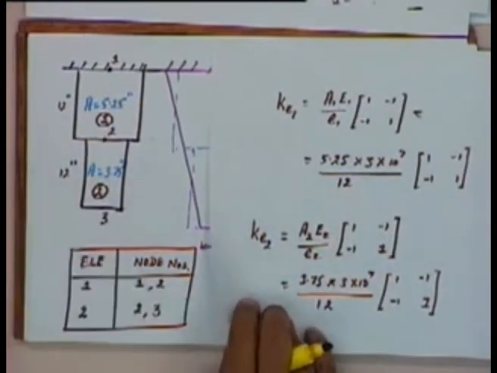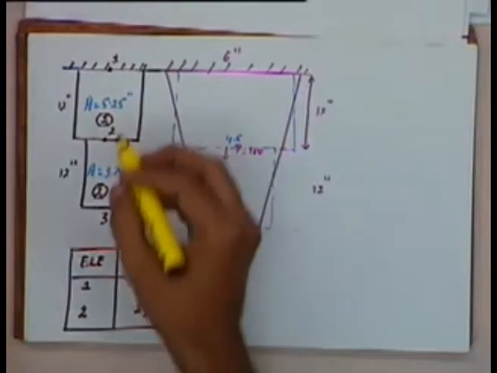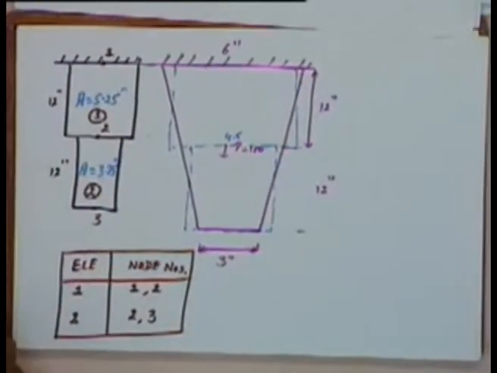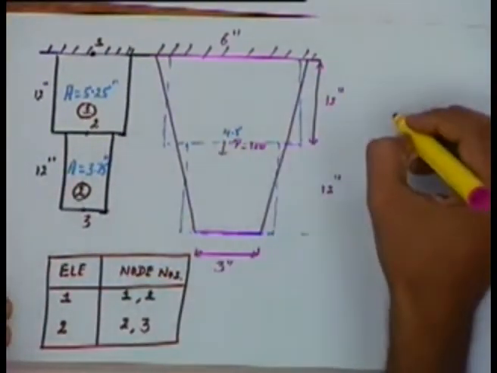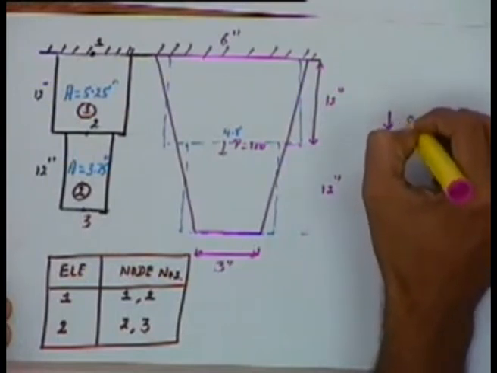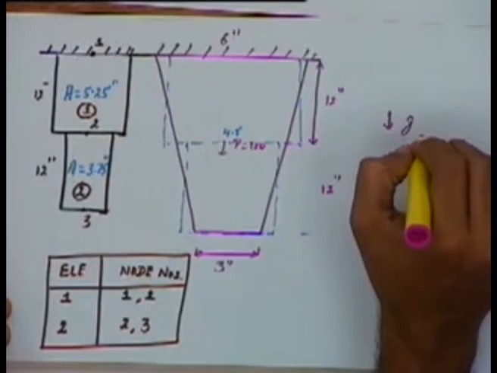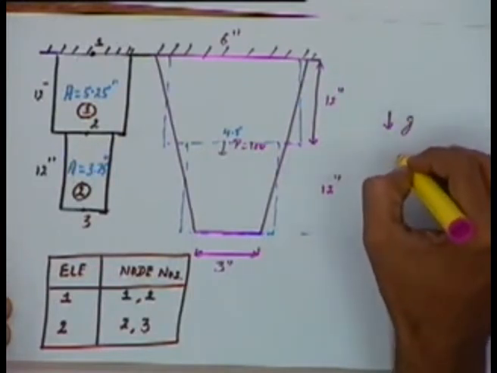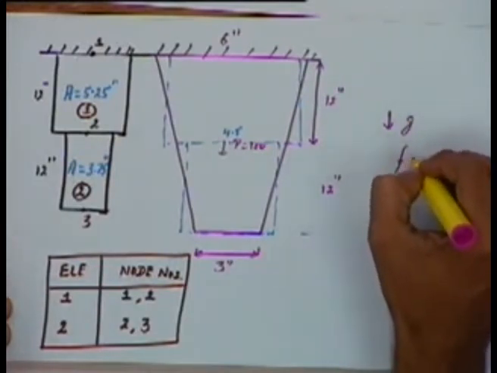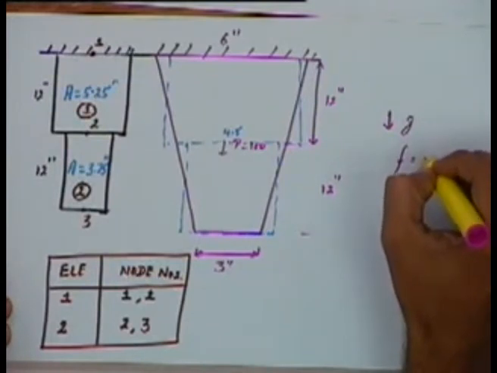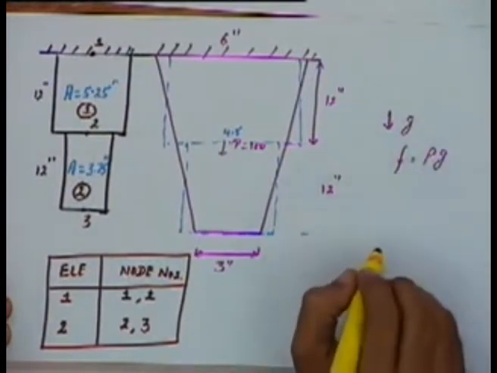Okay. Now, if on this object I assume that there is a vertical force due to gravity, I'll get a force per unit volume f equal to rho times g, where rho is the specific gravity.